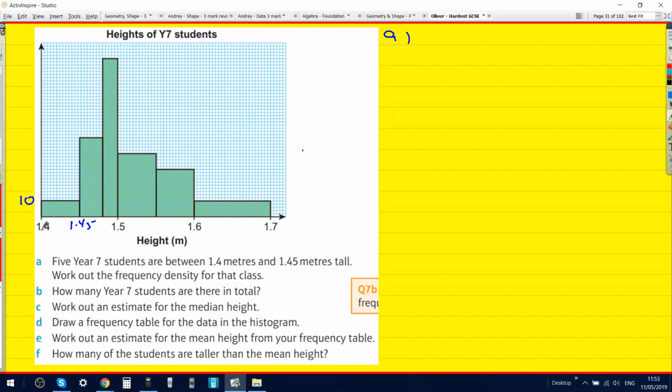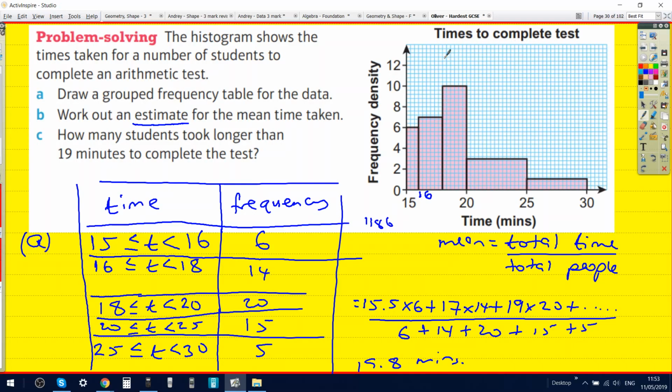How would you estimate the median? So let's say if we go back, how would you get an estimate for the median for this one? What was the total people? The total people was 60. So which person is the median person?